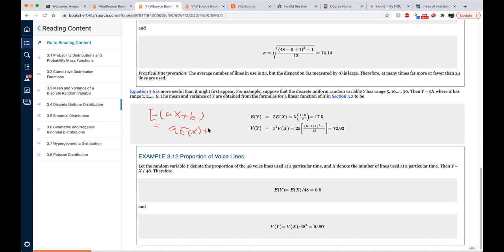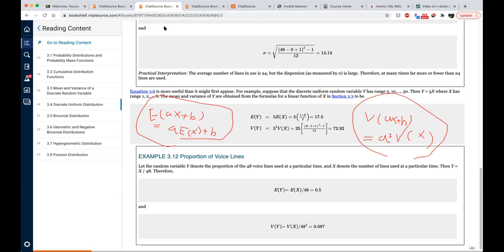Remember that? Because the expected value satisfies linearity. I introduced this one the last time, right? And same thing, V of ax plus b: variance doesn't satisfy linearity, but instead the constant term is just gone, and a becomes a squared, times V of x. Keep in mind those two really nice properties.